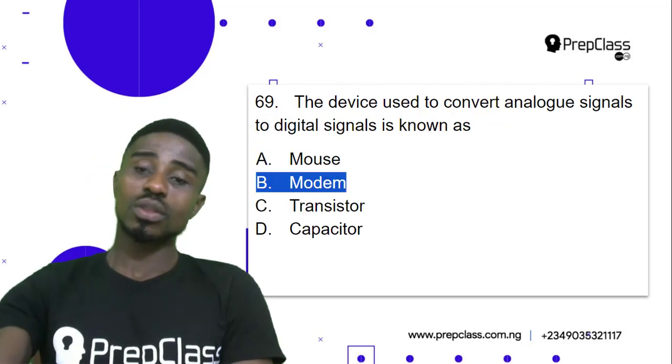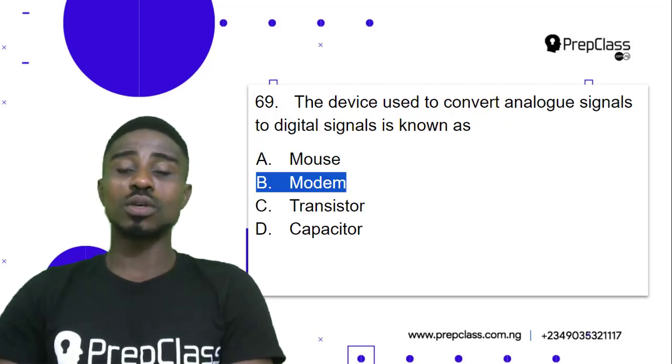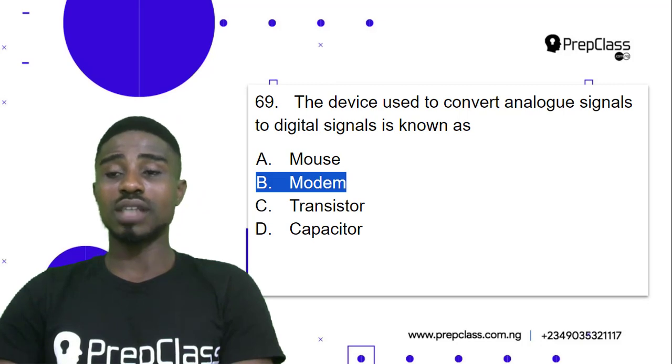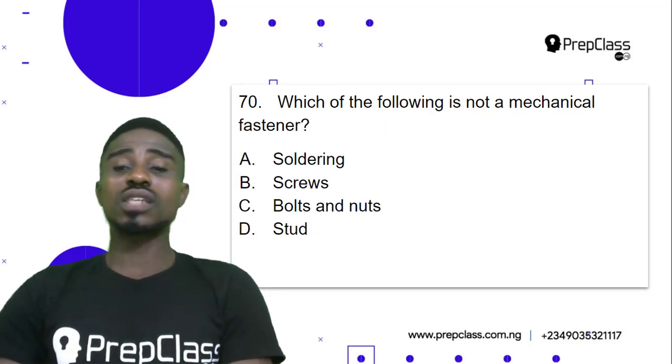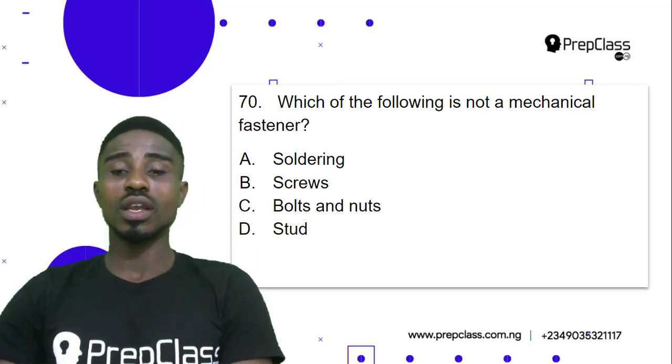Let's look at it. Question 69, option B, modem, is our correct answer. Let's look at the next question. Question 70. Which of the following is not a mechanical fastener? A, soldering, B, screws, C, bolts and nuts, D, stud.